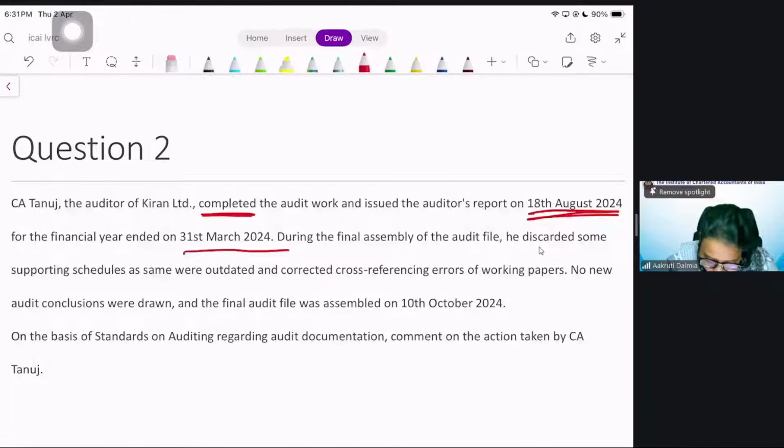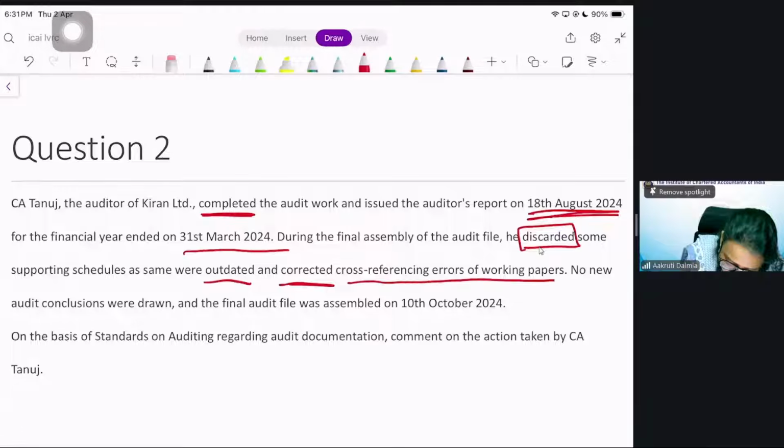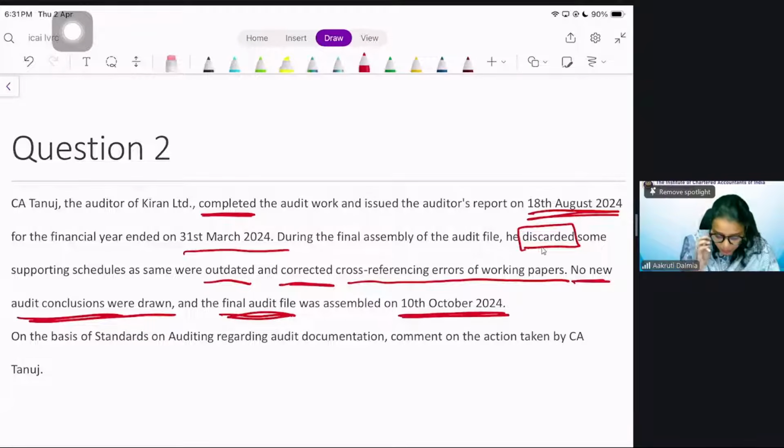During the final assembly of the audit file, he discarded some supporting schedules as same were outdated and corrected some cross-referencing errors of working papers. No new audit conclusions were drawn, and the final audit file was assembled on 10th October 2024. On the basis of standards of auditing regarding audit documentation, comment on the action taken by CA Tanuj.